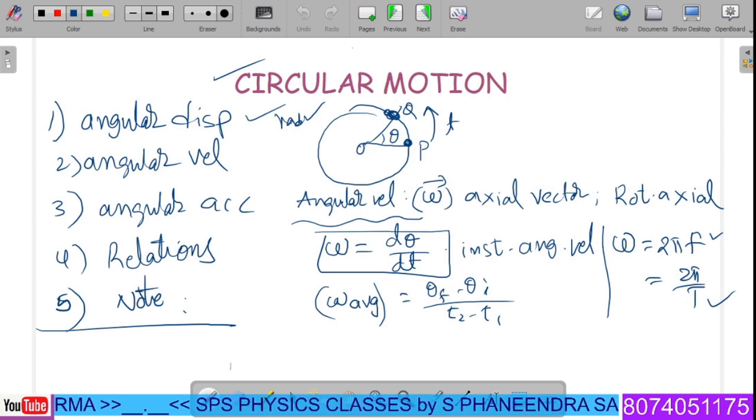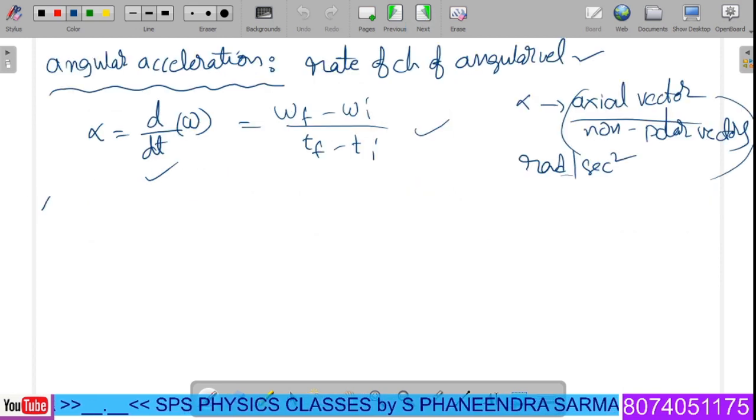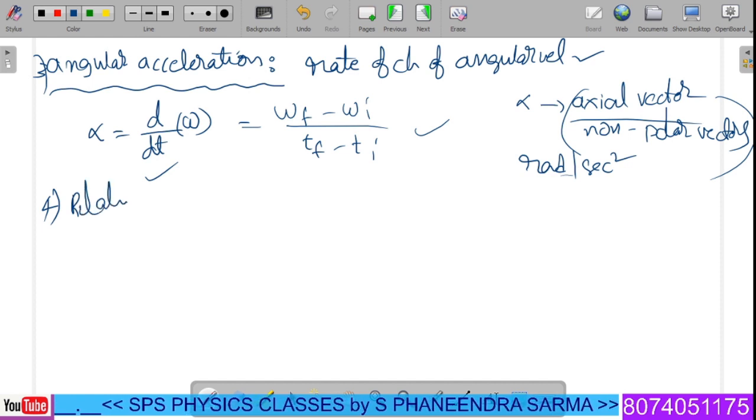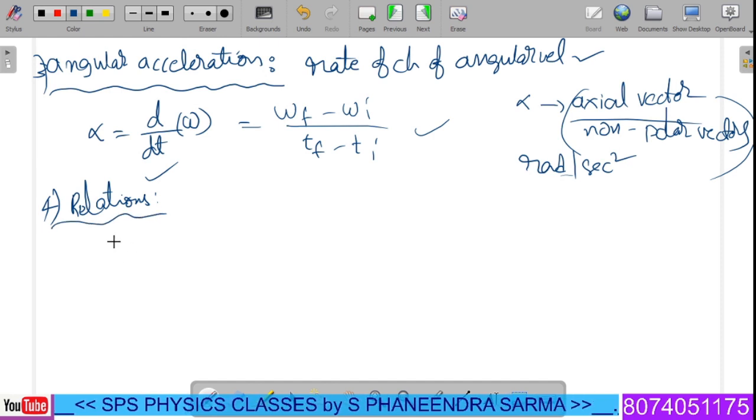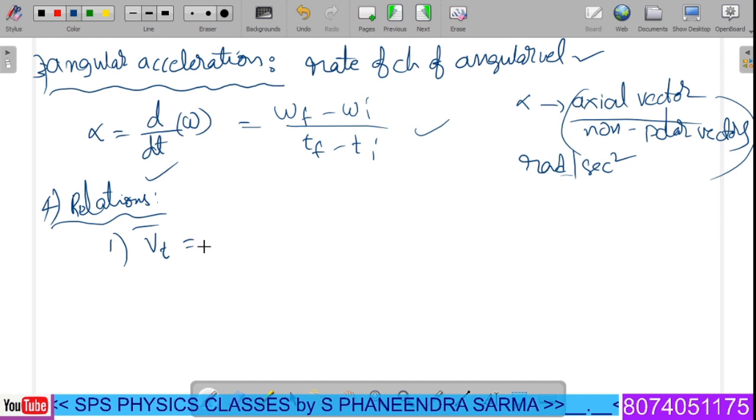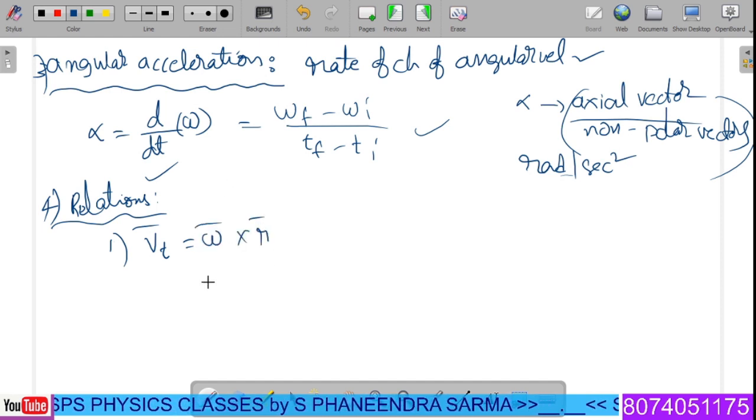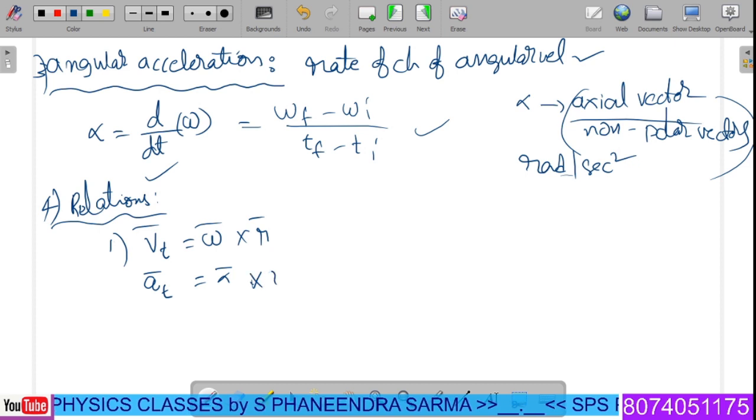After angular acceleration, we have the next topic called some important relations. Let us see the important relations one by one. First relation: tangential velocity vector Vt bar is always equal to omega bar cross r bar, and tangential acceleration is equal to alpha bar cross r bar.